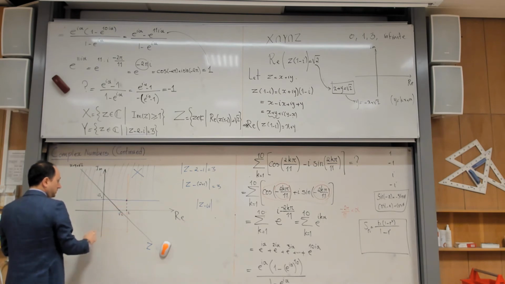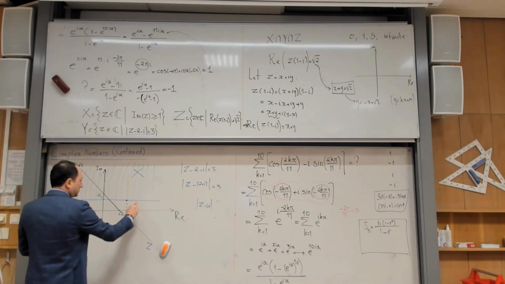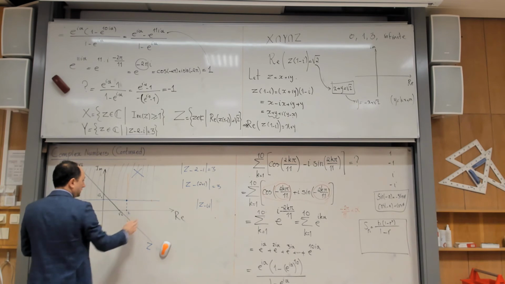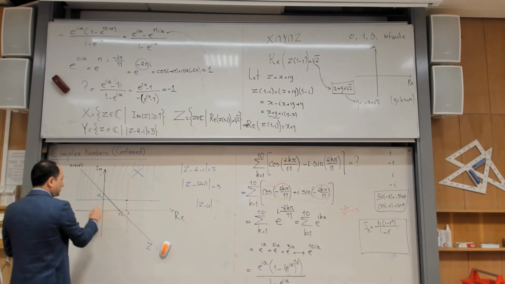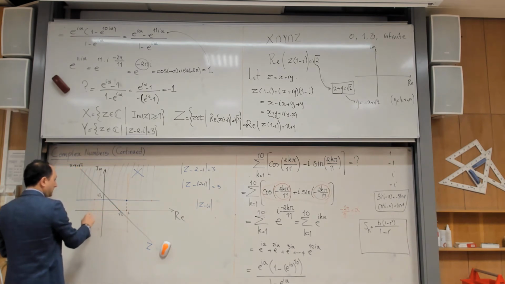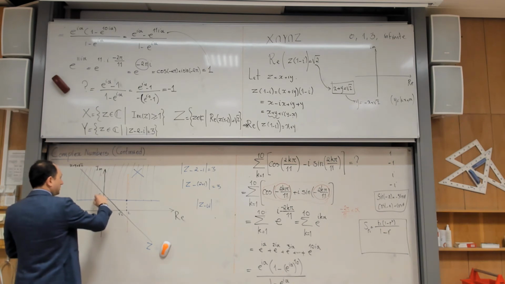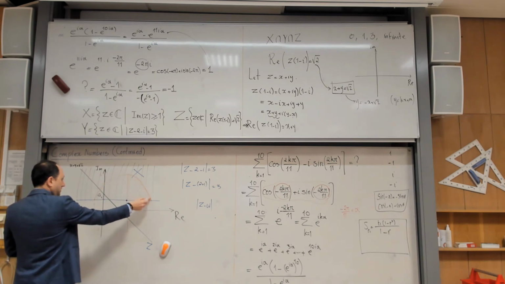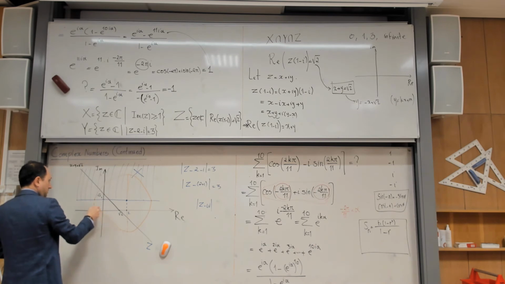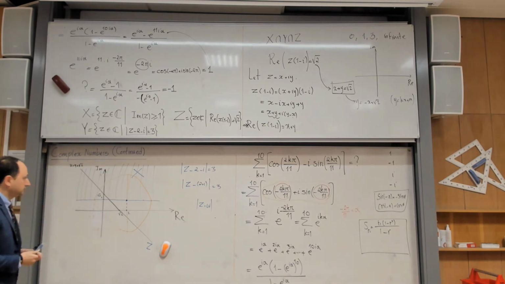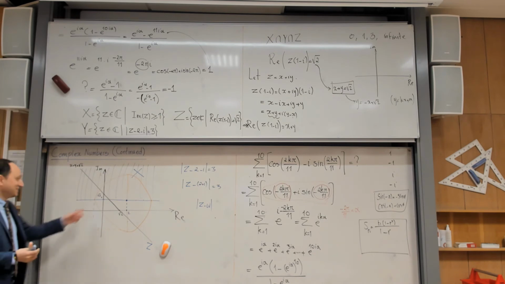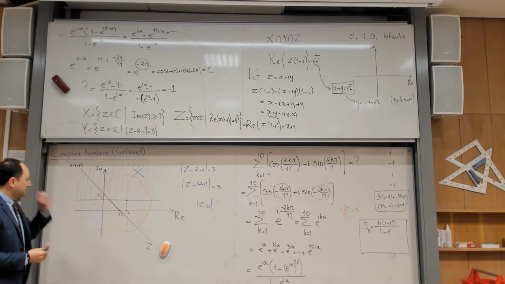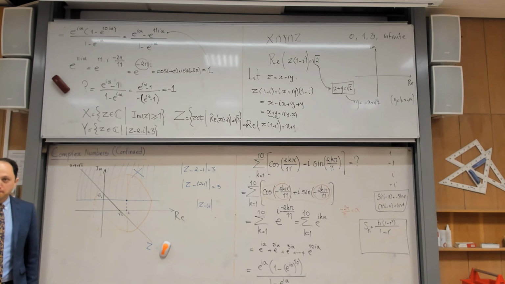Minus 2. And then I go 3 units to the right. 1, 2, 3. 3 units to the left. It is 2, so I go 1 unit here. It's minus 1. So I don't know if I can draw the pictures. It's something like this. Yes? This is the orange one. It's a very nice circle, okay? Anyway, that is enough for our purpose.